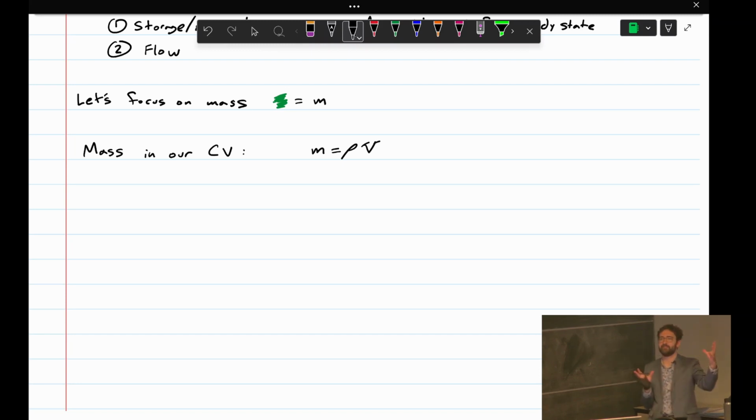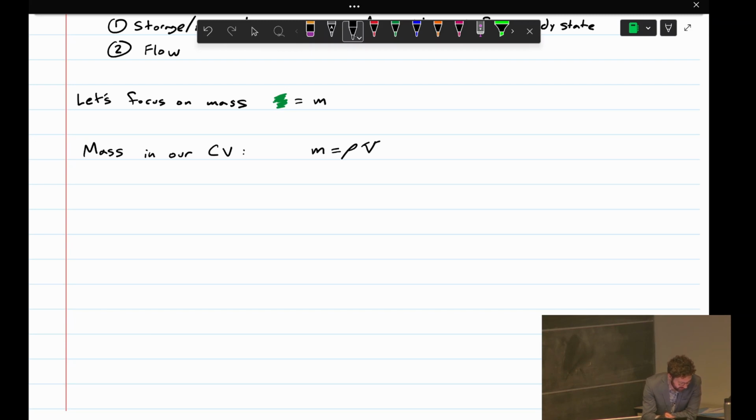So assume we have some CV that encompasses a region of space. The mass is just equal to density times volume. There's an important assumption about this, and that's that these are both constant.